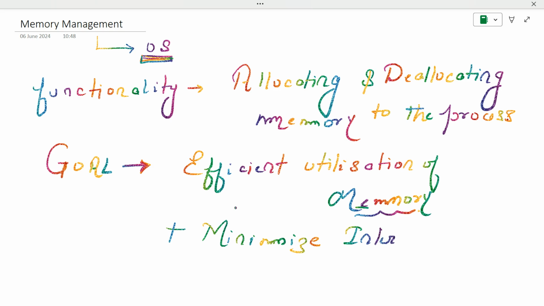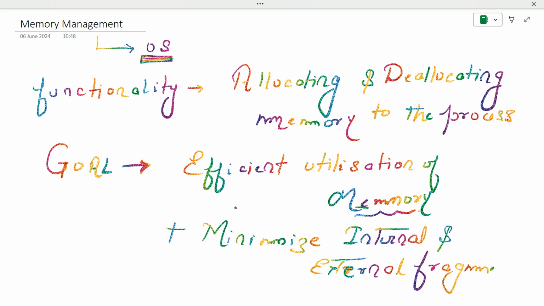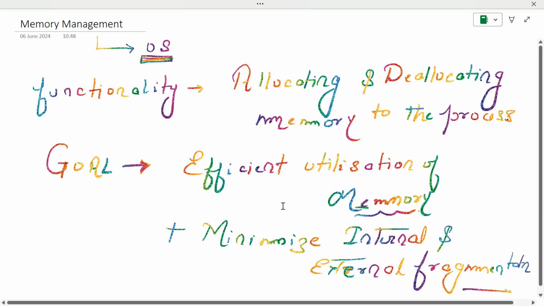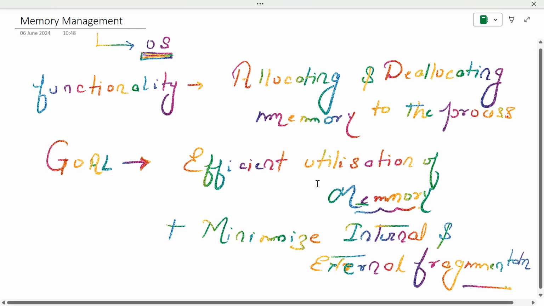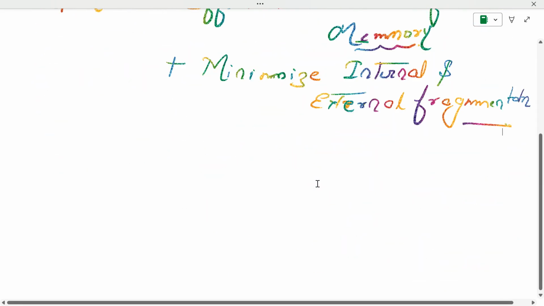What internal and external fragmentation are, we will see later. So first is better utilization of memory, and second is minimizing internal and external fragmentation. This is the goal of using the OS to manage the memory.